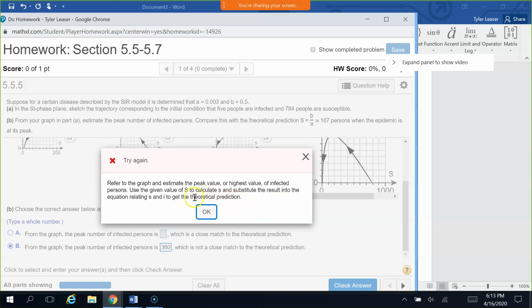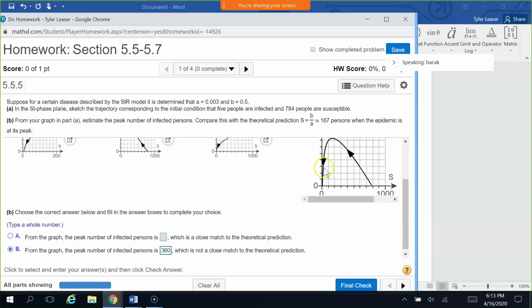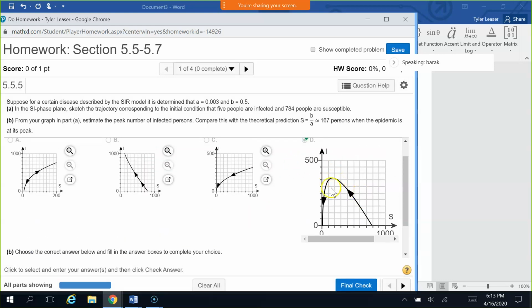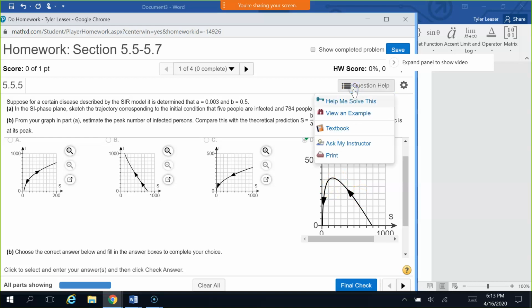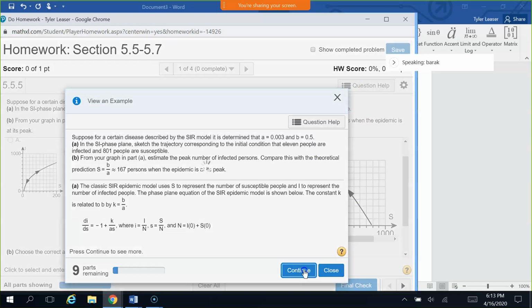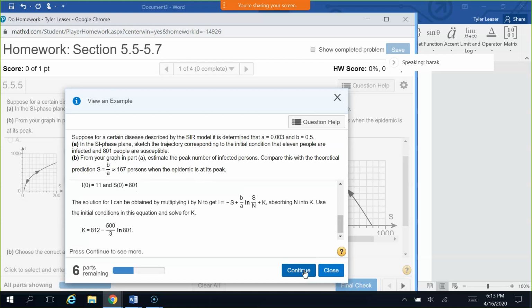Yeah, we already have the theoretical prediction. I really do think they just want us to look at the graph. There's a question help, there's an example. I think it's just going to say look at the graph.